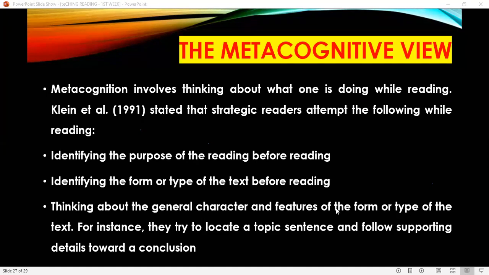Here you have that metacognition, and remember, metacognition involves thinking about what one person or one reader is doing while reading. And in order to do that, this person identified the purpose of the reading, identified the form or type of the test, or thinks about the future characteristics of the form or type of the test.